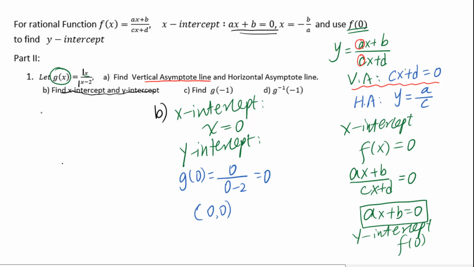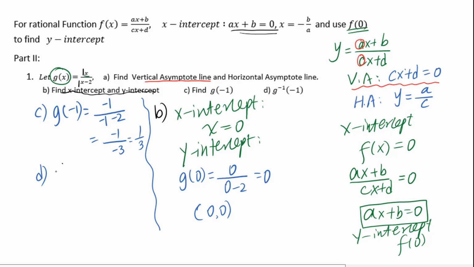Let's go to C, g of negative 1. For every x turning into negative 1, we have negative 1 over negative 1 minus 2. We will get negative 1 over negative 3 equals 1 over 3.